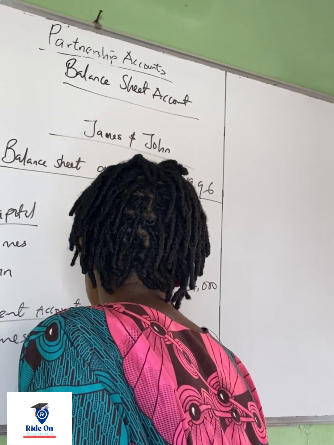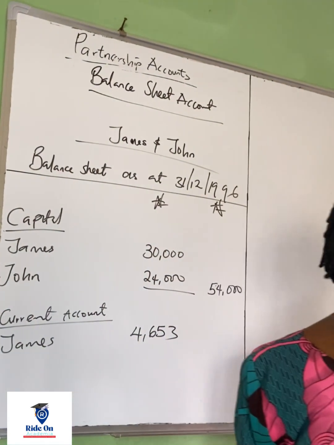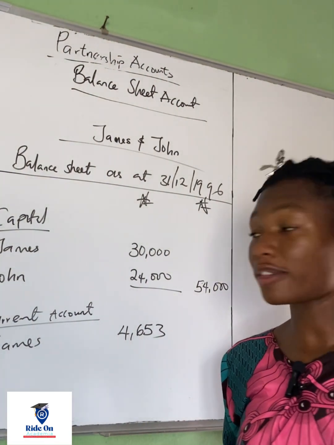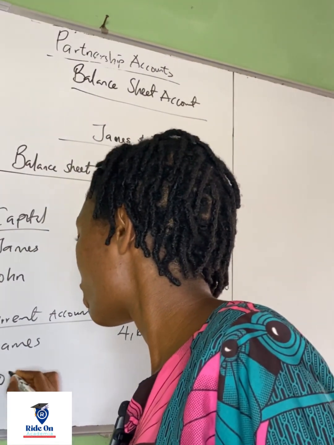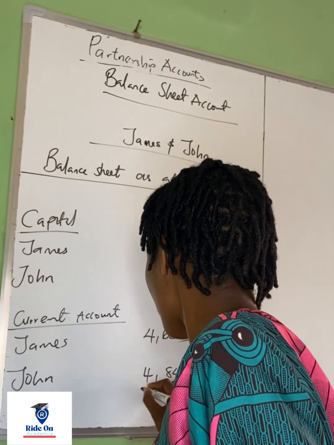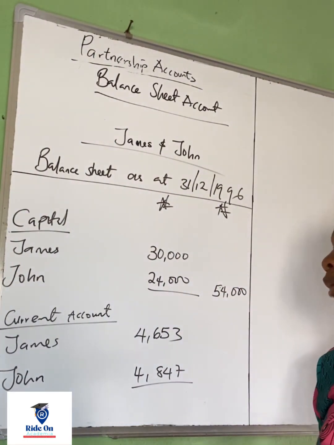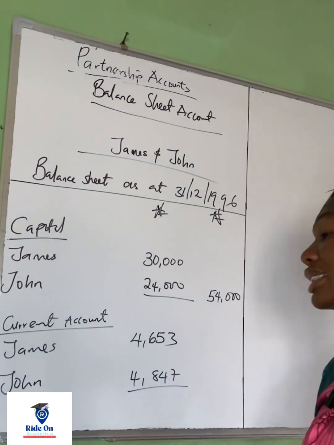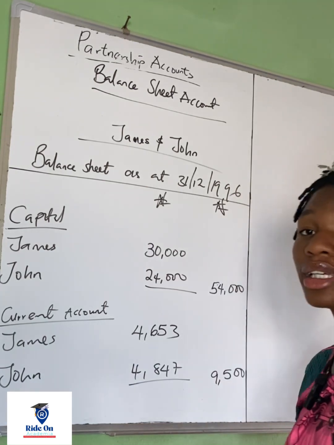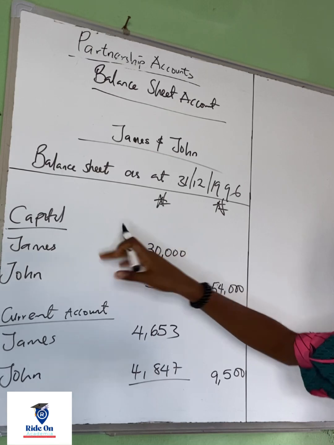So we are bringing in our balance from the current account for James, and then for John we have a balance of 4,847 naira. These are the information we have as our current account balance. By the time we add this up, we'll have 9,500 naira from our current account balance. So this is our equity, or our finances.